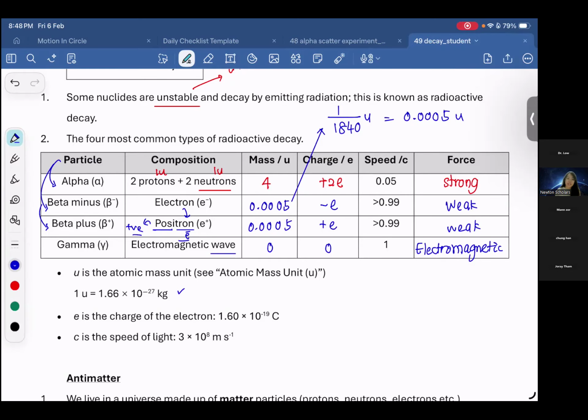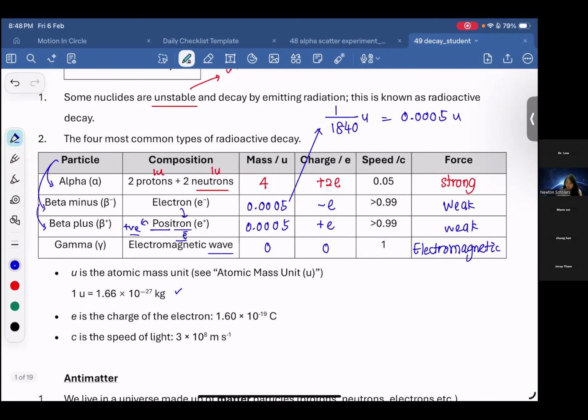Okay, the speed of light, c, is 3 times 10 power of 8, because we understand gamma is a family member of the electromagnetic wave. Still remember the electromagnetic wave, EM wave? What are the 7 EM waves? I taught you one in the wave chapter. We learned about this, right? So we have 7 family members, and gamma ray is one of these.